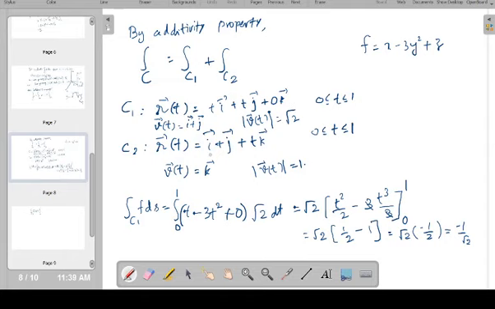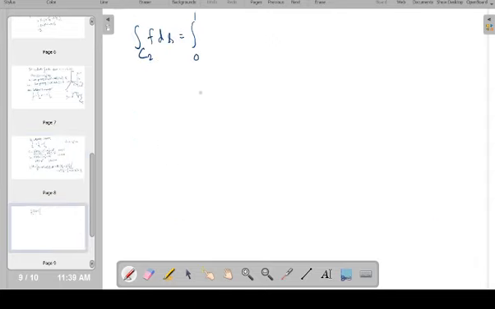So it is x of t is 1. So 1 minus 3 plus t, right? 1 minus 3 plus t, and modulus of v of t, it is 1 dt. So it is minus 2 plus t, integral from 0 to 1 dt.